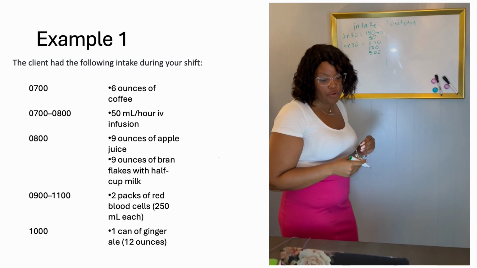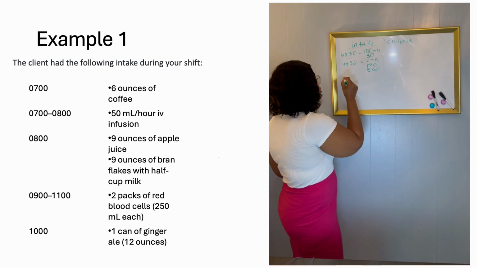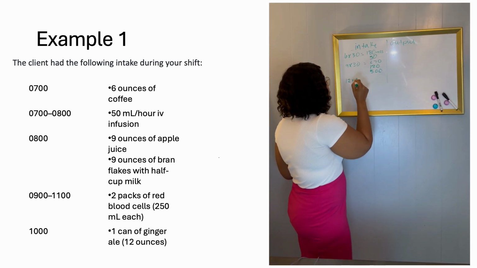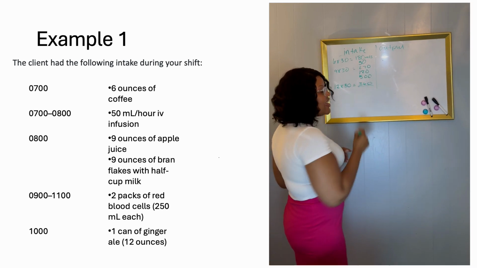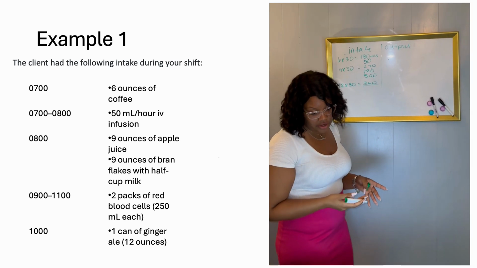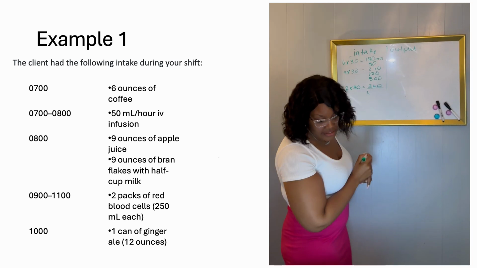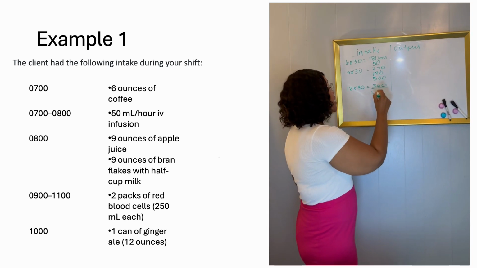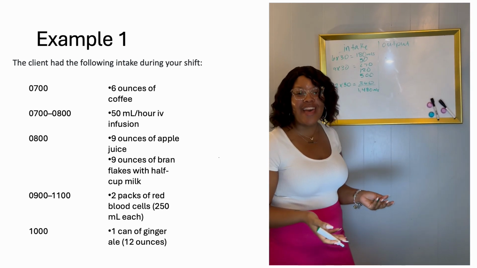It lets us know right here that this can is 12 ounces, so we do 12 times 30, which gives us 360. Let's add all that up together, and you will get 1,480 mLs. How did you guys do on that one?